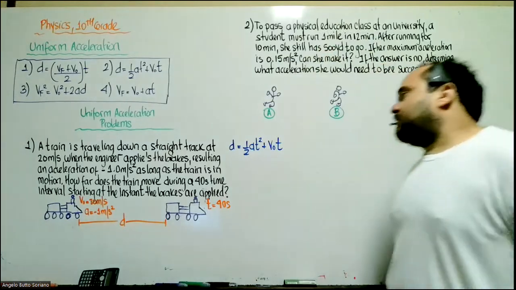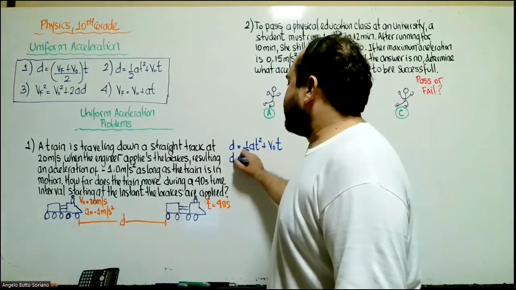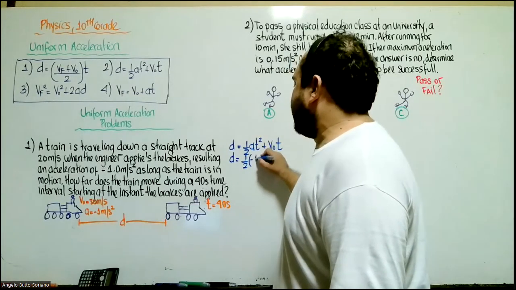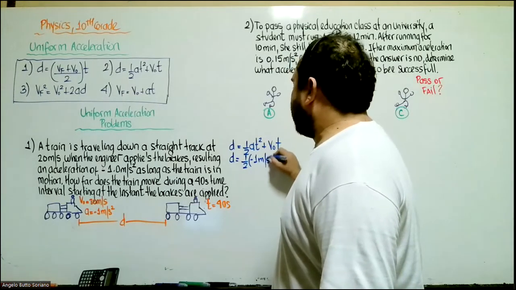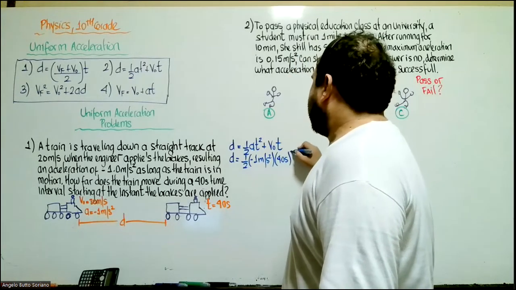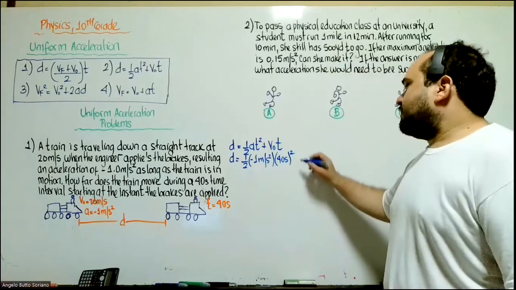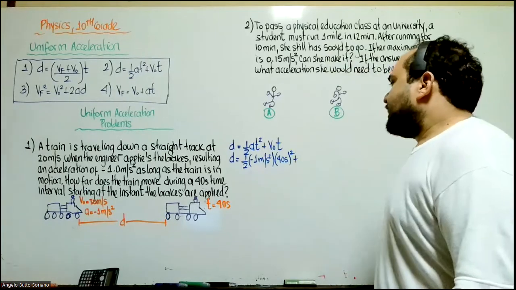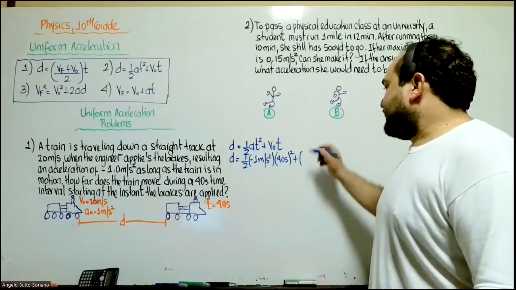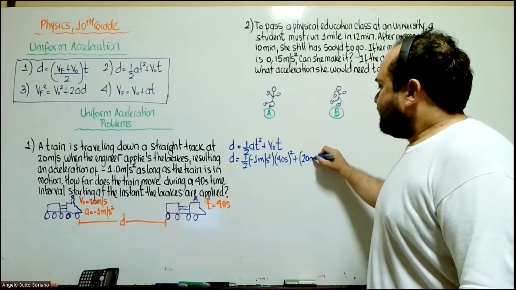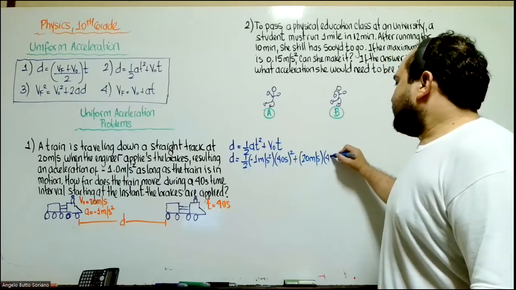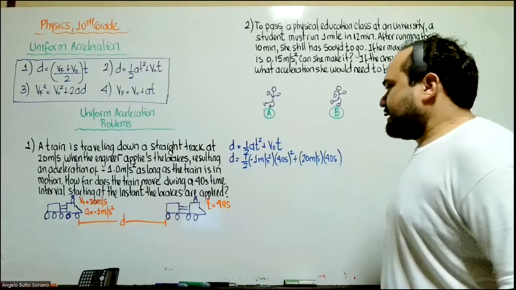You're going to say, well, this problem is simple, the only thing I have to do is replace the values. The acceleration is -1 meter per second squared, the period of time is 40 seconds squared, plus the initial velocity, 20 meters per second, times 40 seconds.